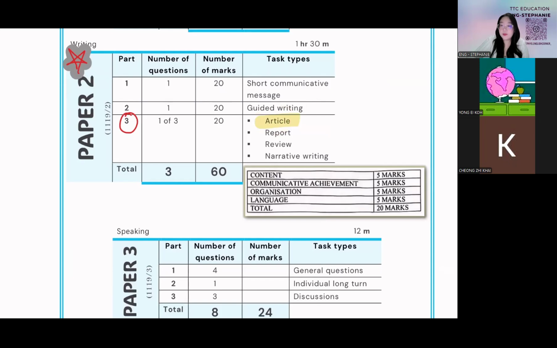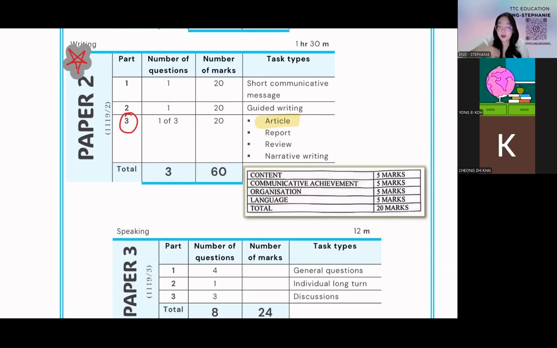The third thing is that from Form 3 to Form 4, the change is that we no longer go with just two parts. There will be three parts. What has been split out is that the guided writing part is still your factual essay. However, part 3 will be all formatted essays like article, report, reviews, and your story will also be here.